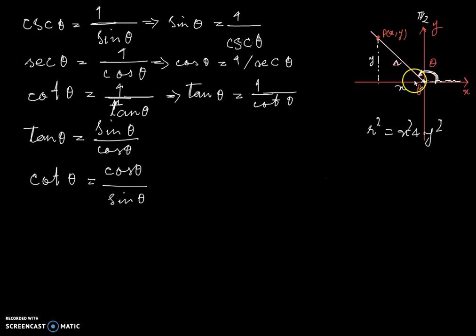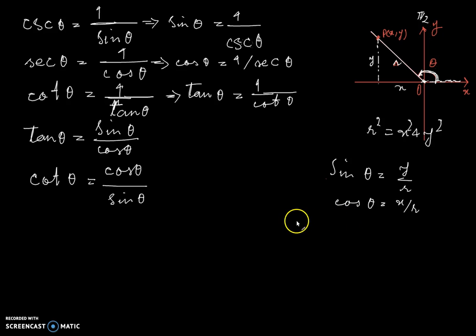Now consider sine squared theta plus cos squared theta. You know that sine theta is equal to y divided by r, and cos theta is equal to x divided by r.